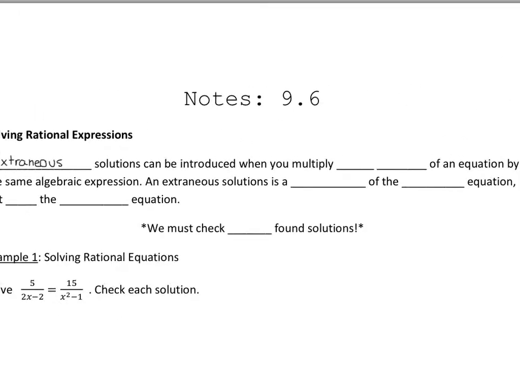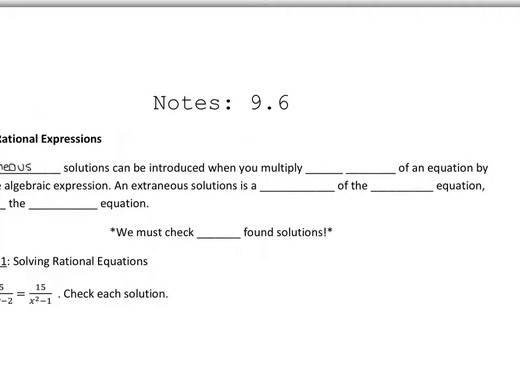And when you multiply both sides of the equation by an algebraic expression, an extraneous solution, singular, is a solution of the derived equation, but not the original equation.